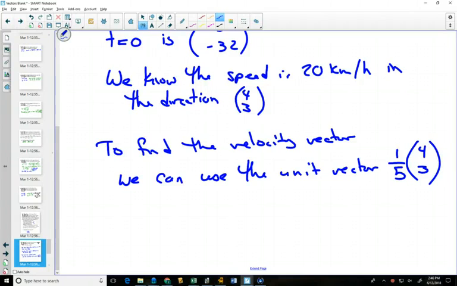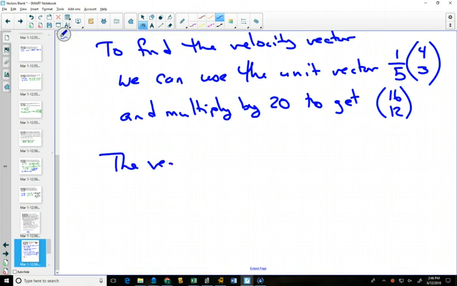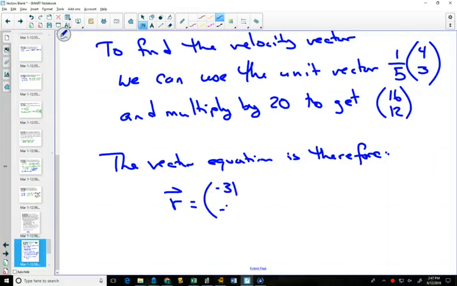Multiply that by 20 to get 16, 12. The vector equation is therefore going to be negative 31, negative 32 plus t times 16, 12.